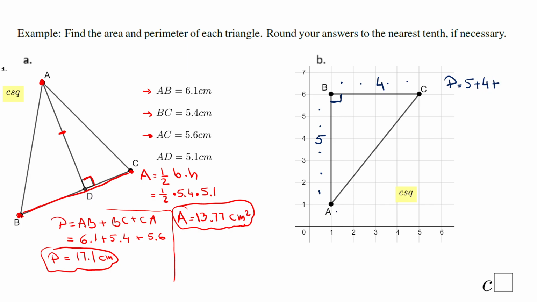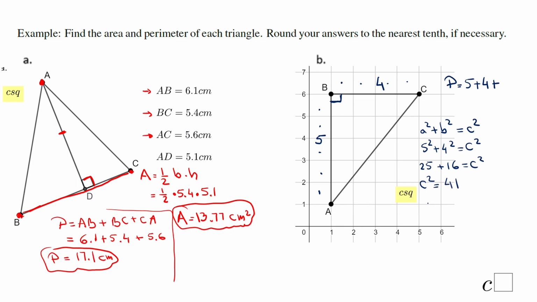And now we have an issue. We do not know how long this is, but this is a right triangle. We can use the Pythagorean theorem or the distance formula: a squared plus b squared equals c squared. In this case, we're going to have 5 squared plus 4 squared equals c squared. 5 squared is 25, 4 squared is 16, so c squared will be 25 plus 16, which is 41.